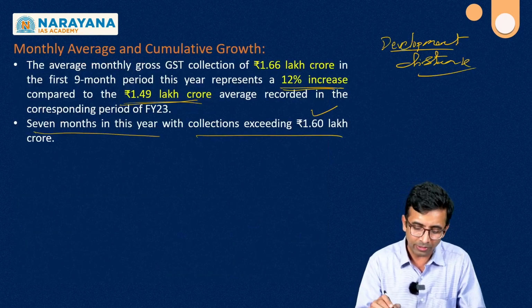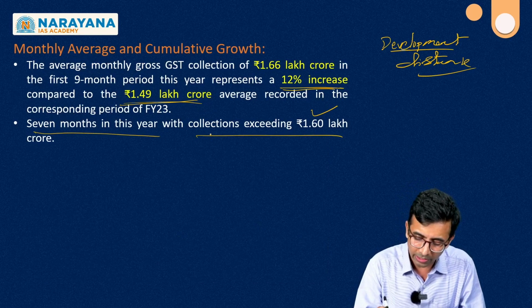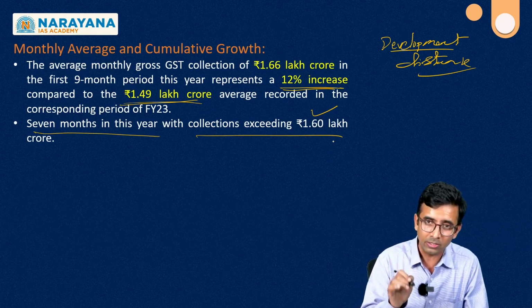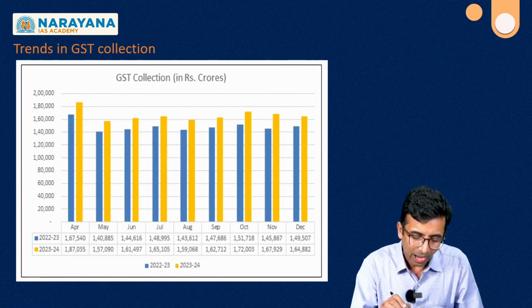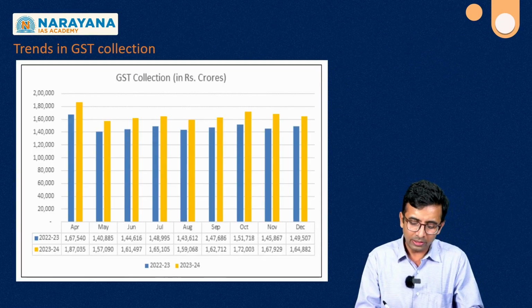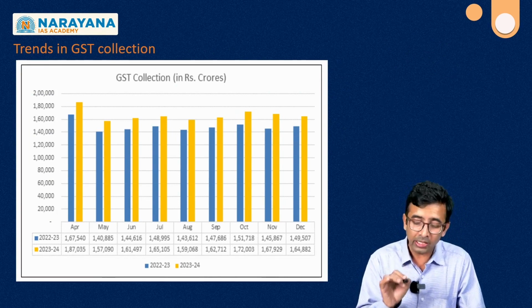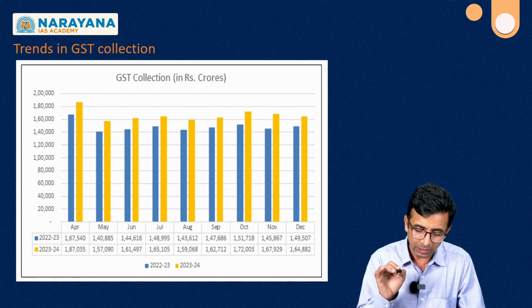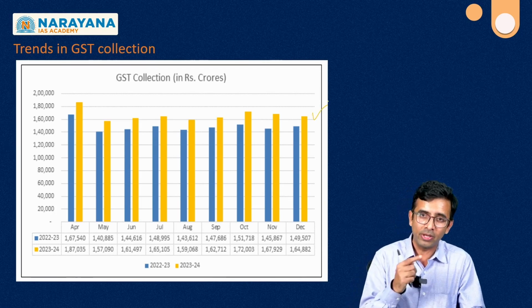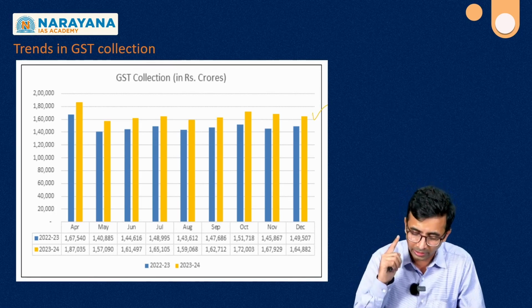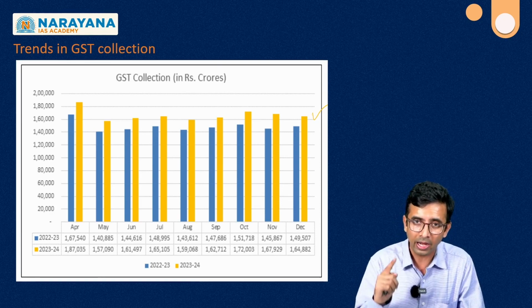It is this which in fact has led to increased collections for the last 7 months, more than whatever the earlier average that we had. As you see in this particular chart, the trend in the GST collection clearly shows that the growth in comparison with the previous month has always and consistently been higher and higher.